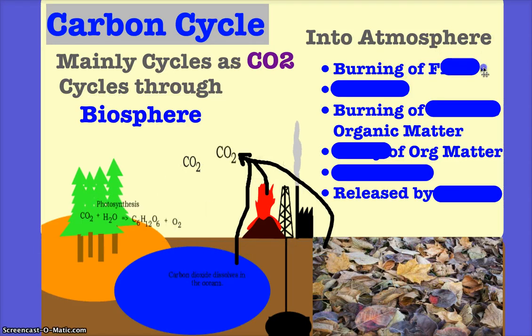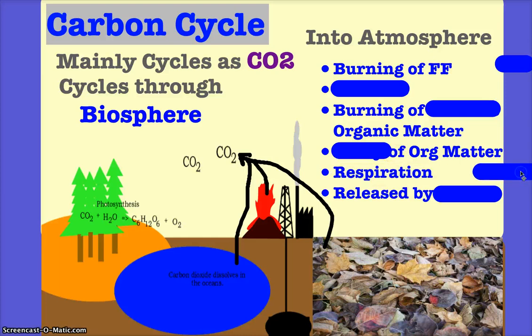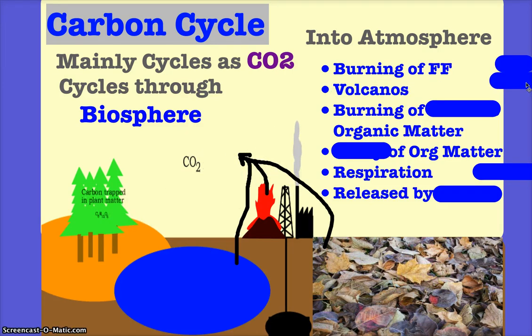Burning of fossil fuels produces carbon dioxide in the atmosphere. What else? How? Breathing. Respiration produces carbon dioxide into the atmosphere. What else? We learned this in Unit 2, and it's on your next test. Volcanoes produce carbon dioxide.